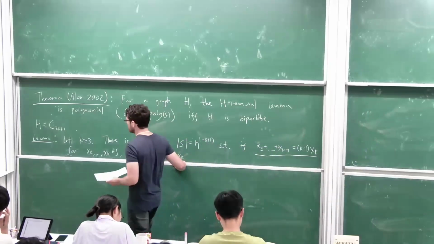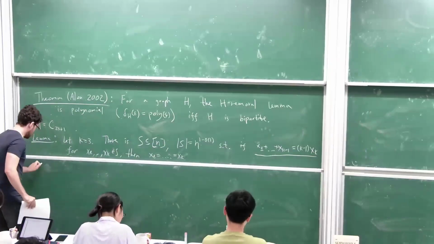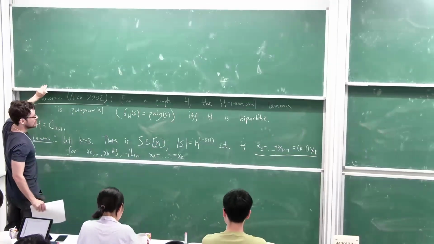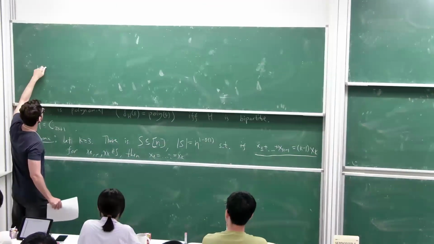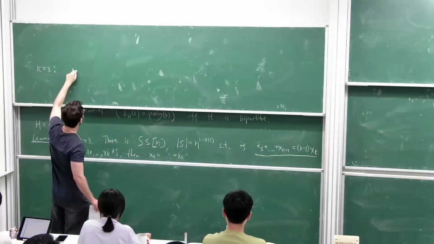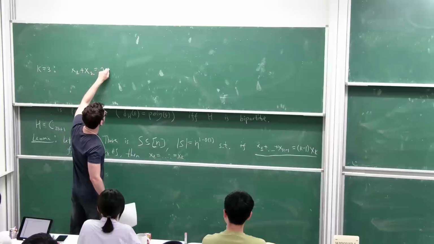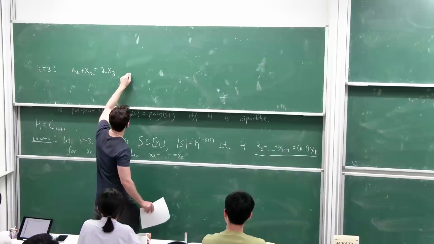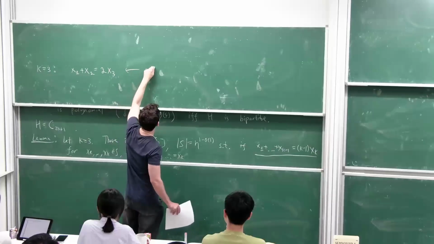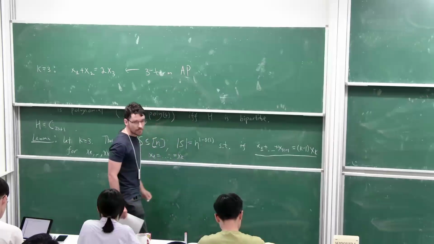Now observe that if we take k equals 3, then we get the equation x1 plus x2 equals 2 times x3. So this is exactly a 3-term arithmetic progression, right?